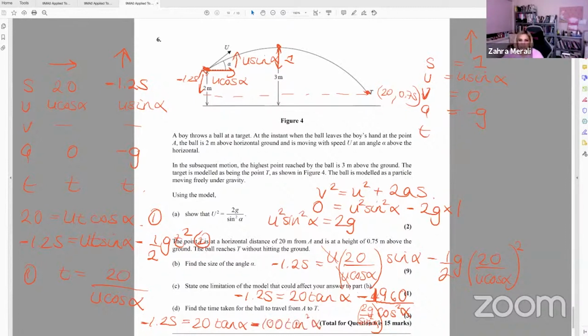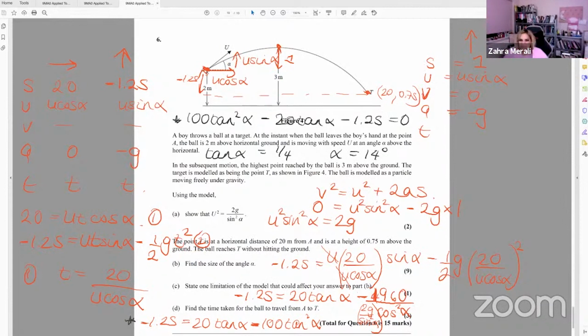Now can you see you've got a disguised quadratic? This is very messy, sorry. I've got 100 tan squared alpha minus 20 tan alpha minus 1.25 equals 0. I can plug it into my calculator as a quadratic, and it gives me tan alpha is a quarter. Inverse tan of a quarter, and you get alpha equals 14 degrees.